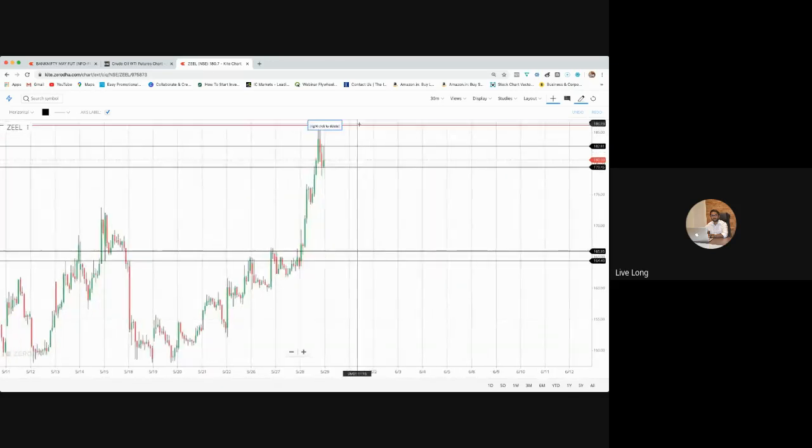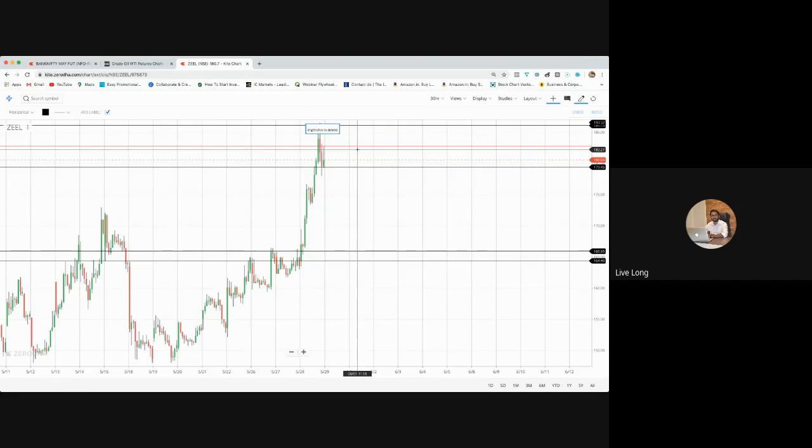I understand that I had to take a risk of 186 minus 182. So a 4 rupee stop loss I had to keep, and the maximum amount I can afford to lose is just 100 rupees. Then how many stocks can I buy?